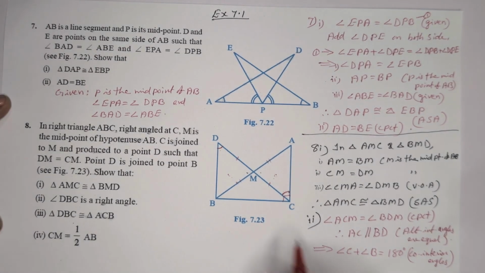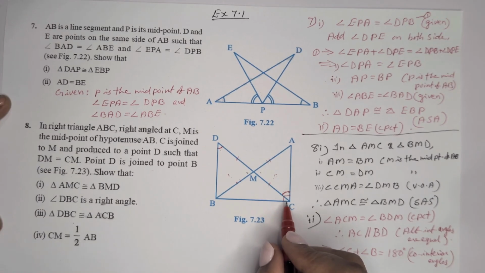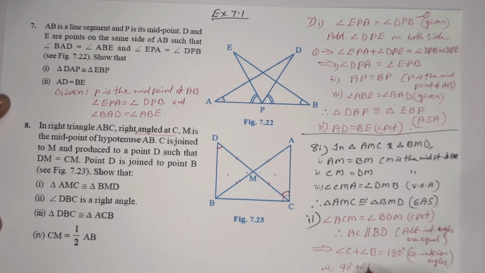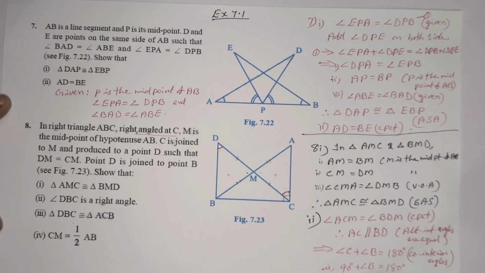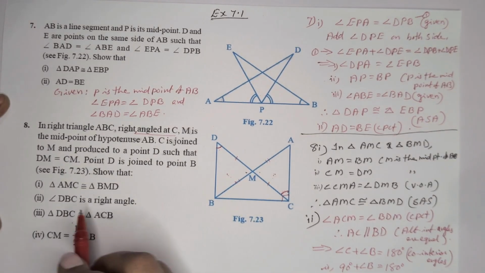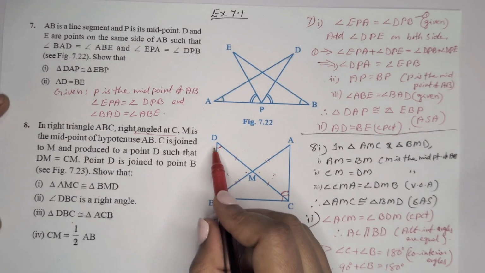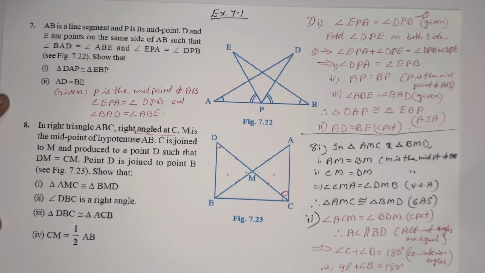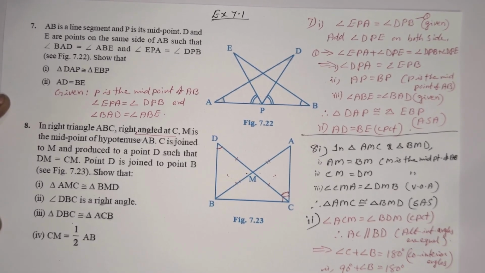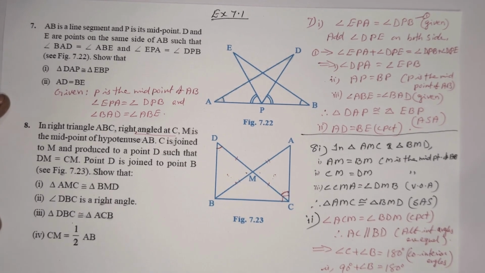Here already angle C is 90 degrees, right angle at C, that is given. So we can put 90 degrees plus angle B is equal to 180 degrees, which implies angle B is equal to 90 degrees. That's the second part, which means angle DBC is a right angle.